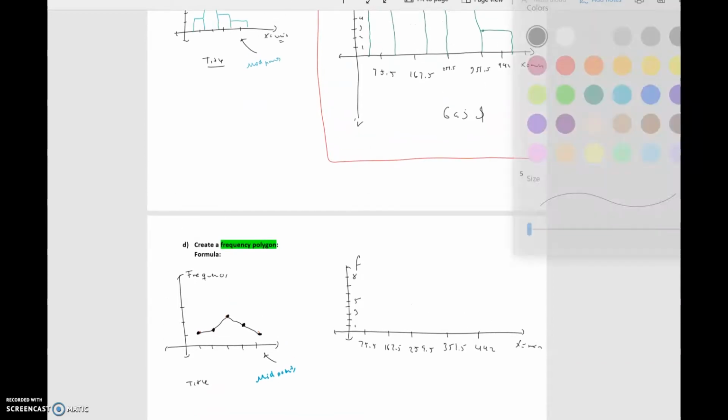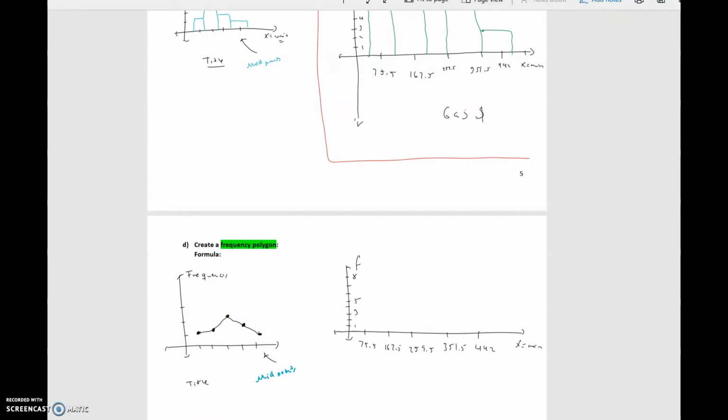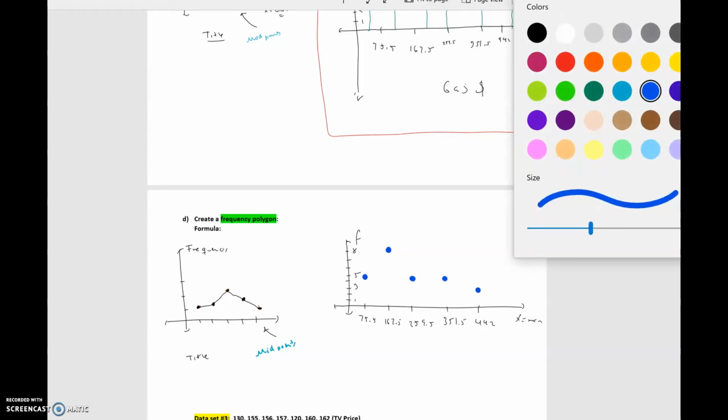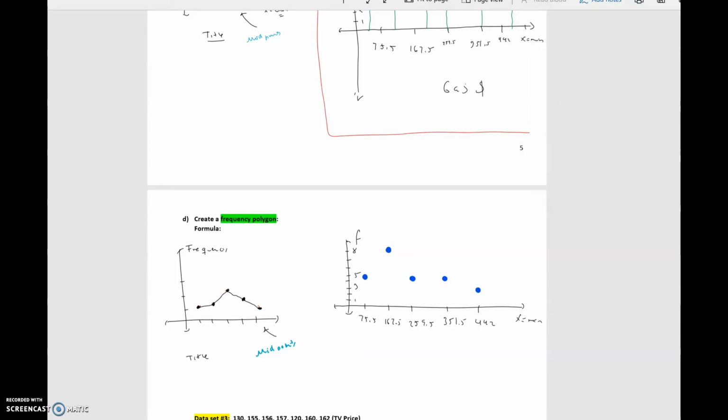Now this one uses the top of your histograms. Let me put it in blue. The first one goes up to 5, so that's the top. Then the next one goes all the way to 8. Then there are two 5s and a 3. And then what we do on the polygon is, after you have all the dots, you connect them with straight lines.